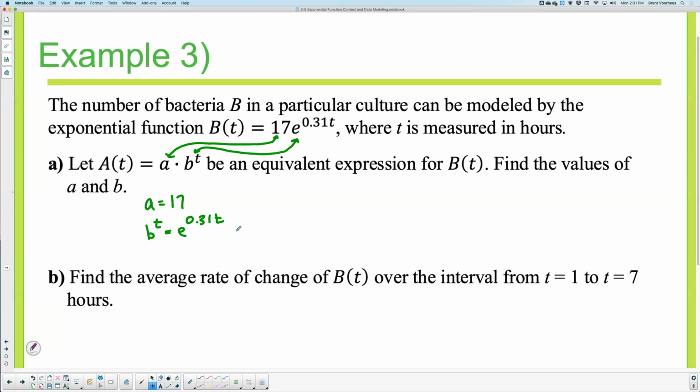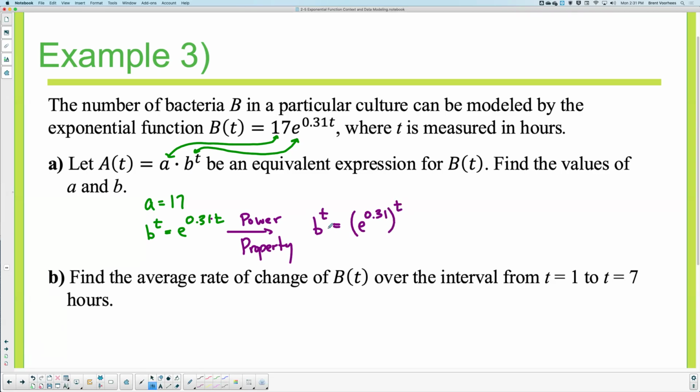Because we learned a property last class. The property we learned was called the power property. And it stated that when you deal with exponentials, if you have a power that's multiplying, see how I have 0.31 multiplying times t? I could rewrite that as a power raised to a power.